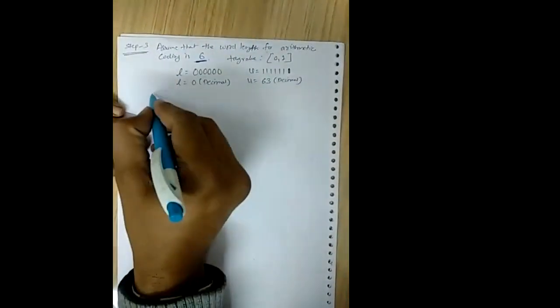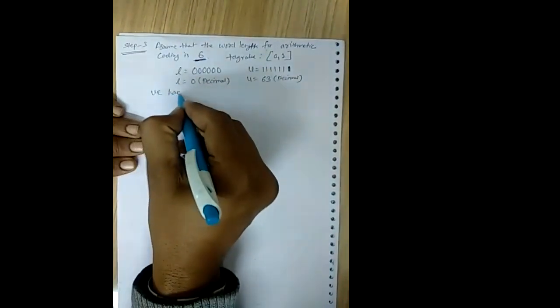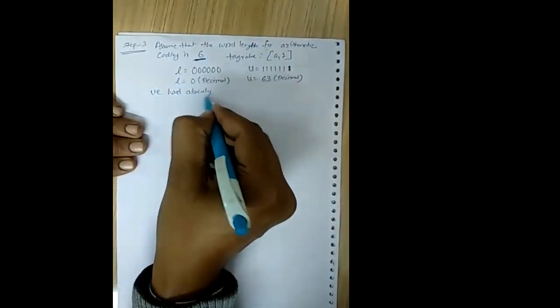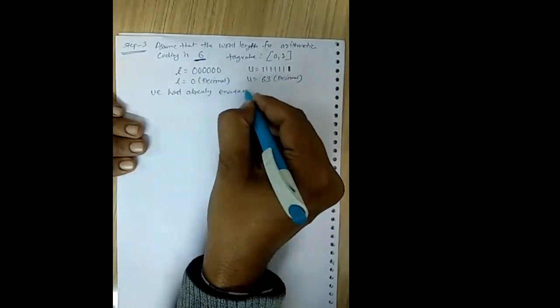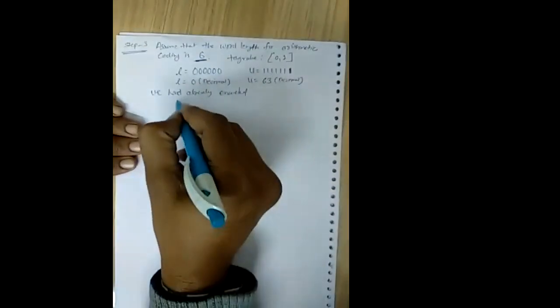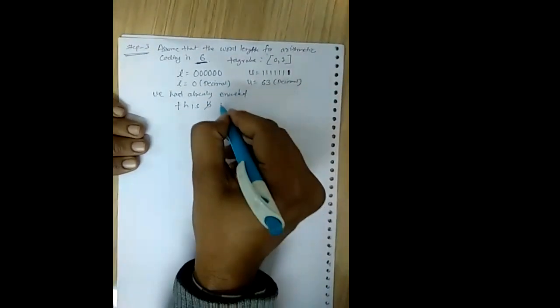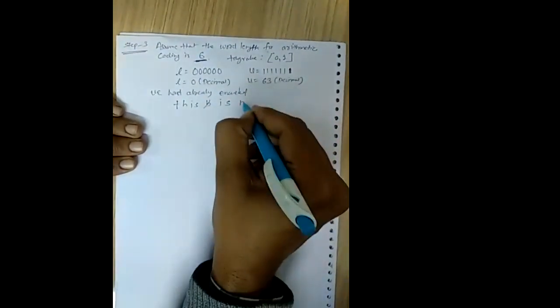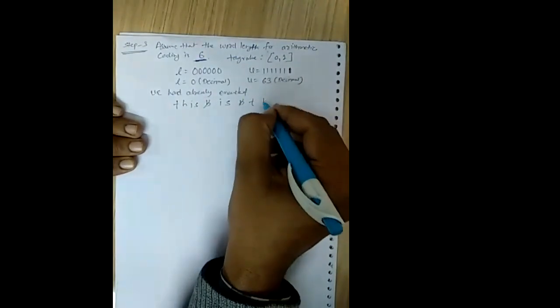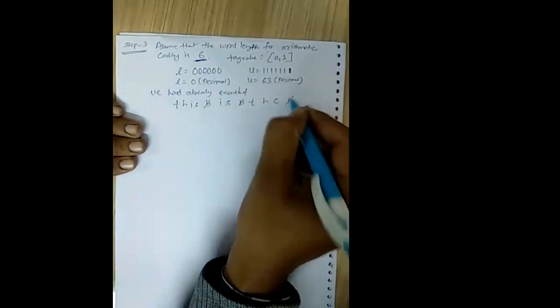Okay. So here, what can we do? We had already encoded THI, then B space ES, then again B space T, HE, B space.